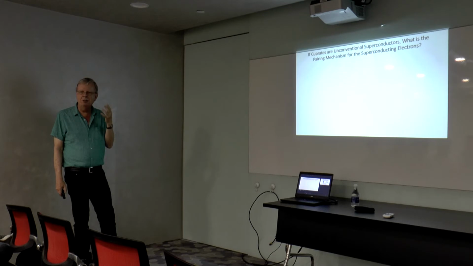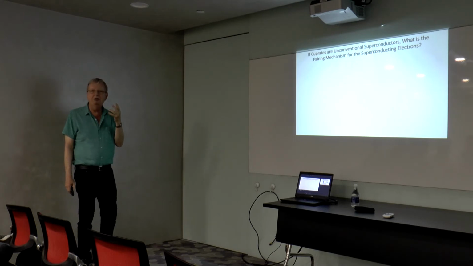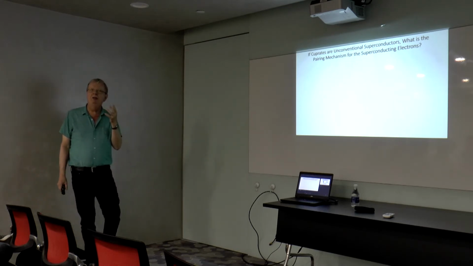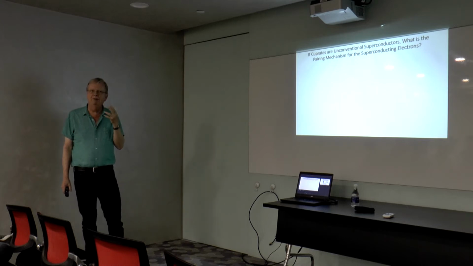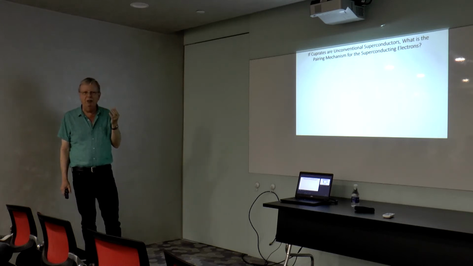And of course the theorists leaped on this immediately because the theorists knew that there was recognition, fame, fortune, and maybe even a Nobel Prize if you could figure the answer out.